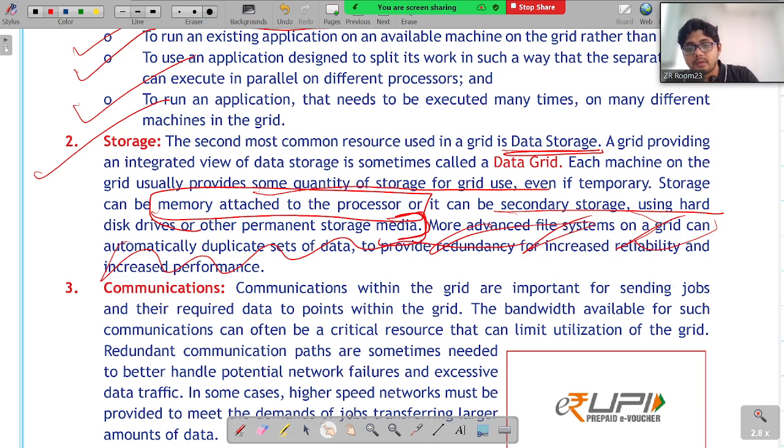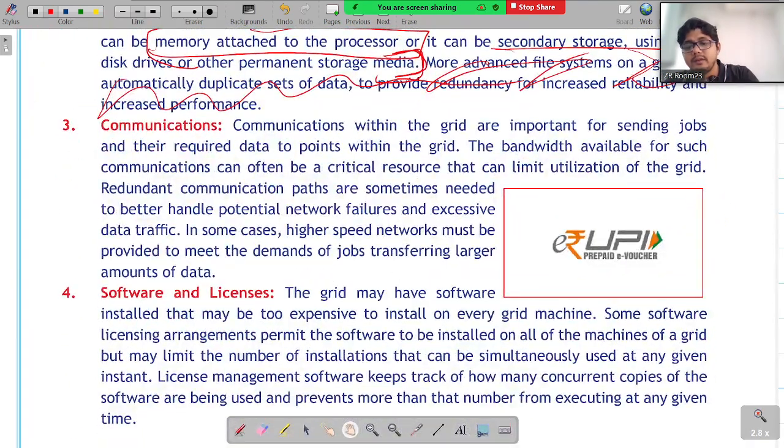Now, very simple. Communication. Communication within the grid is important for sending jobs and their required data to points within the grid. The bandwidth available for such communication can often be a critical resource that can limit utilization of the grid.